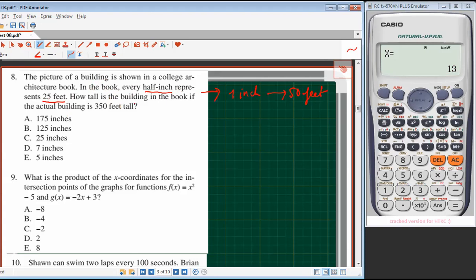How tall is the building in the book? If the actual building is 350 feet tall, we just need to take 350 divided by 50. That is 7. Option D.